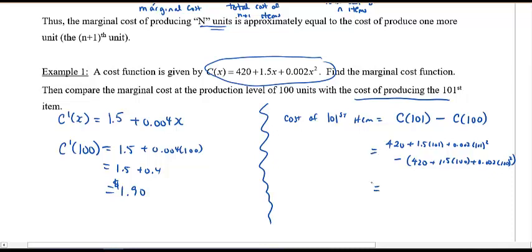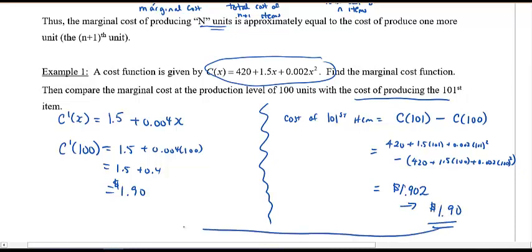And I've just done it, and the answer is 1.902. Well, when rounded, that's pretty much $1.90, and look, they are the same thing. Now, on to the next page.